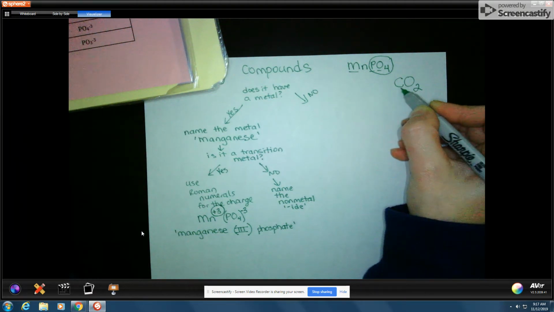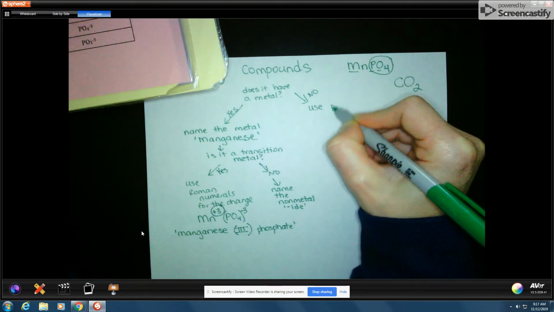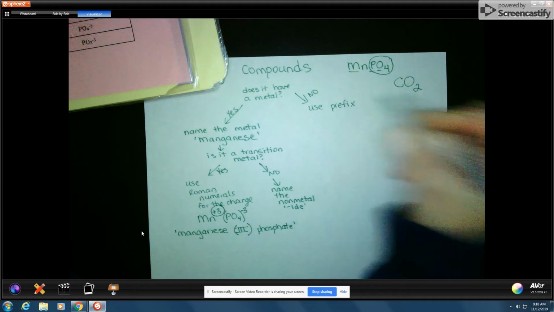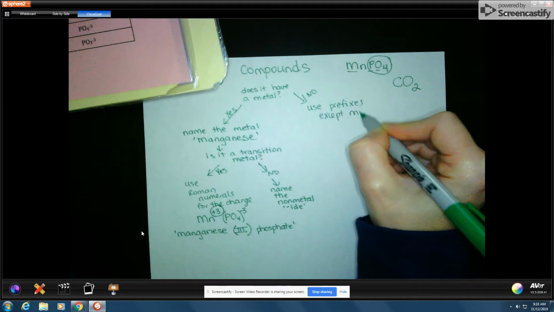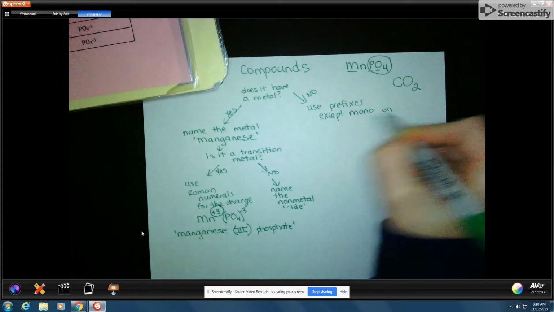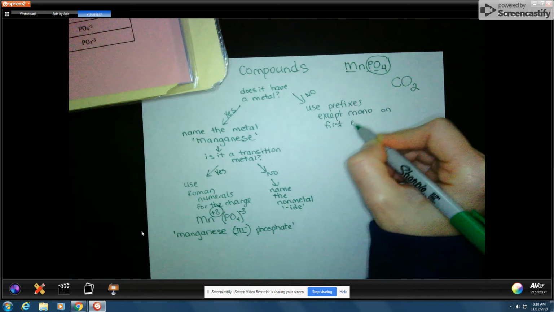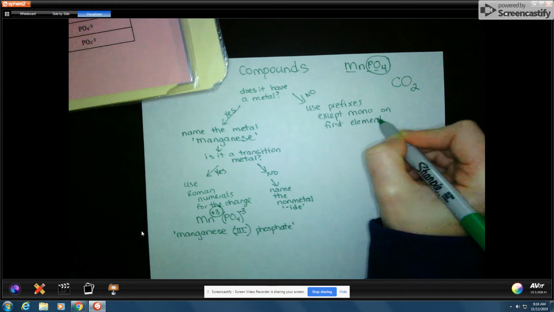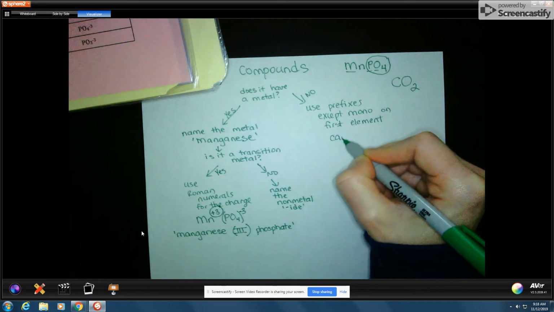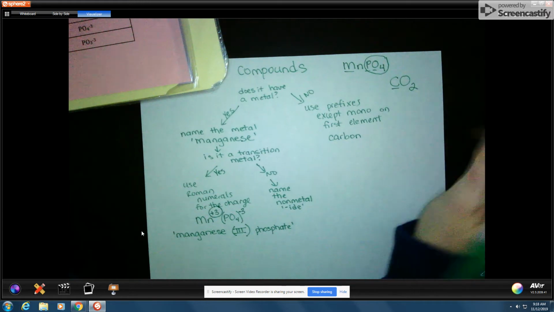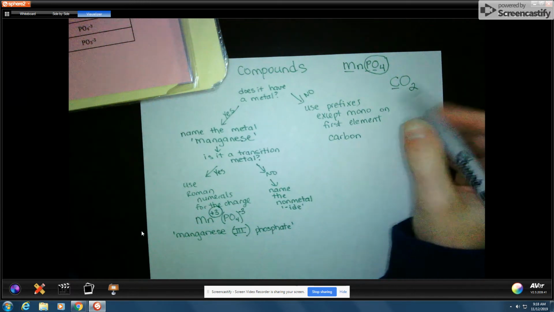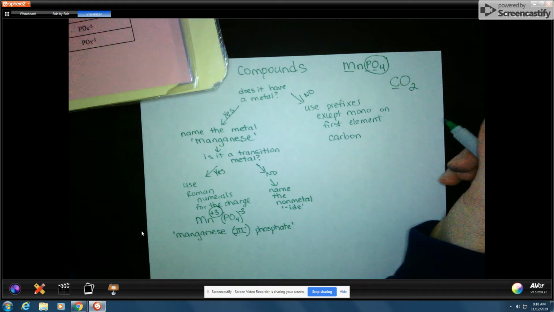So because carbon only has one here, I do not use prefix mono on that first element. So I would just write carbon. I do not change the ending of carbon. I just leave it alone. Whatever the first one is, don't change the ending, you just write it down. You do add a prefix if it's anything other than mono.